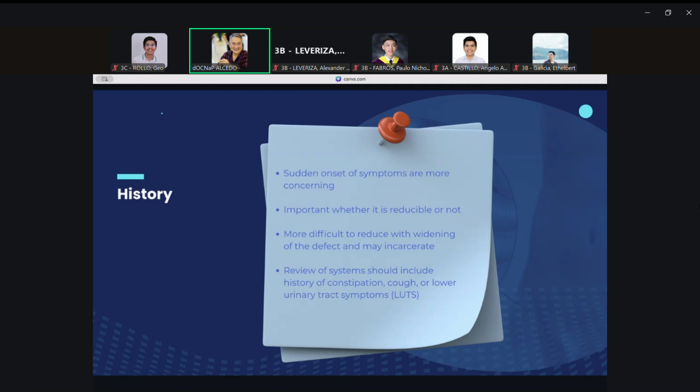We're talking about a history of constipation, a history of chronic cough, especially in elderly patients with chronic obstructive pulmonary disease, or the presence of LUTS, lower urinary tract symptoms. All of this can compromise our repair and result in early recurrence, because in hernias, when we talk of the best technique, we talk of the technique that would result in the least recurrence. Okay?